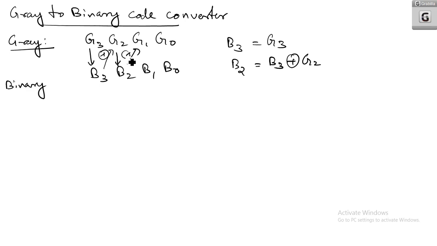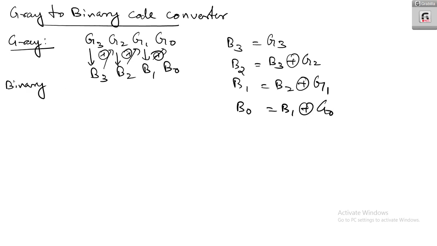B1 is B2 XOR G1. So that is B1. Now what is B0? B0 is B1 XOR G0. Okay. So this is the conversion formula.